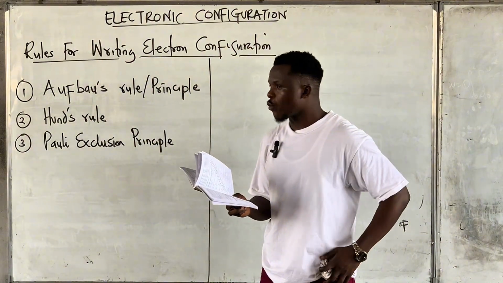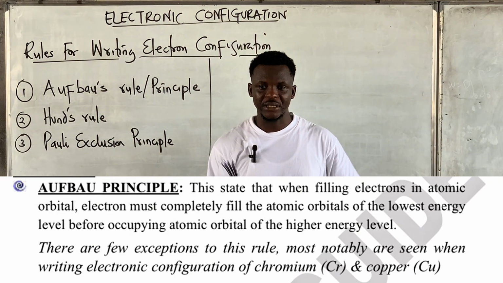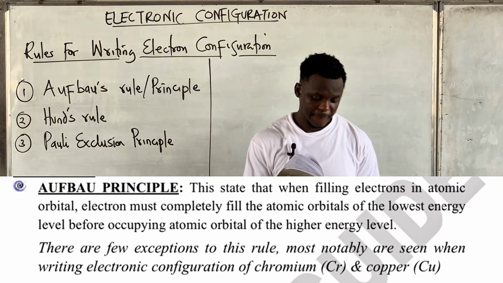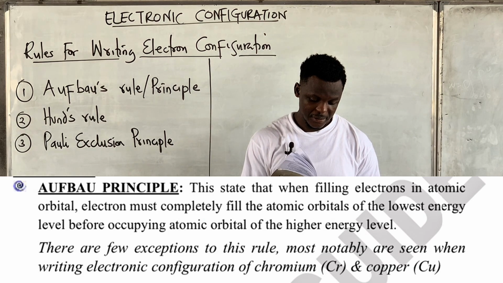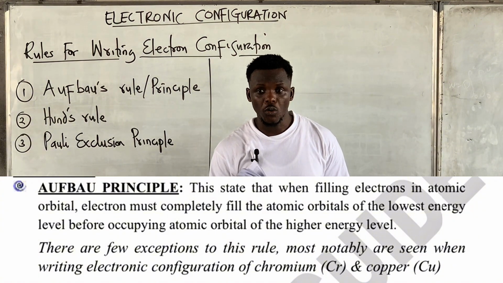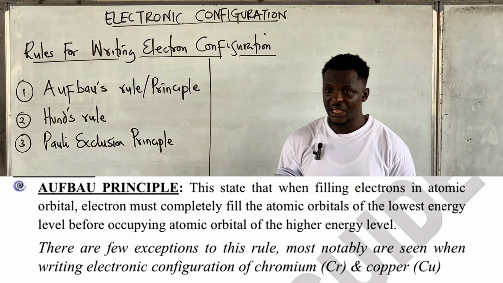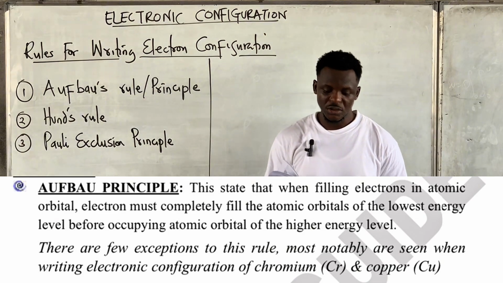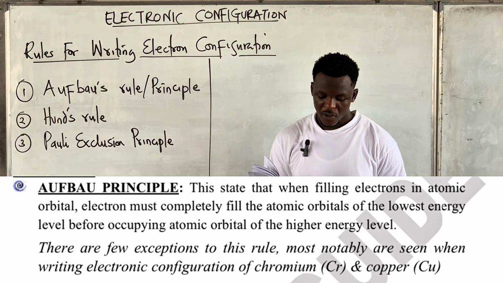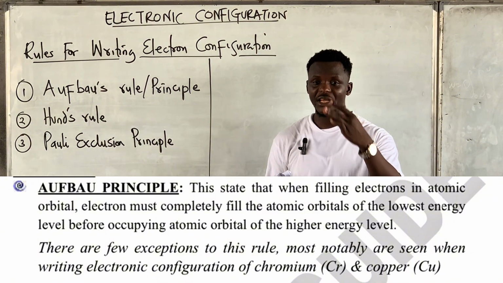The Aufbau principle or Aufbau rule states that when filling electrons into atomic orbitals, electrons must completely occupy the orbitals of the lowest energy level before occupying orbitals of the higher energy level.